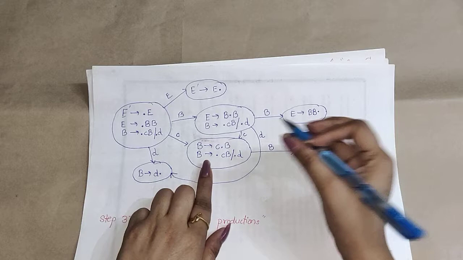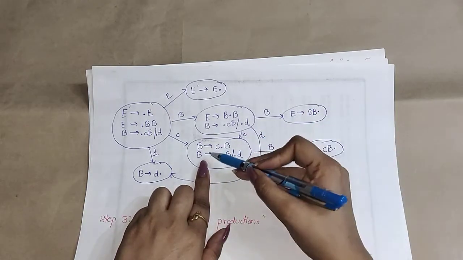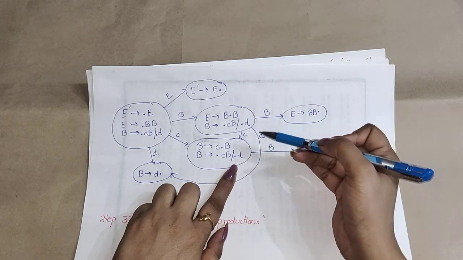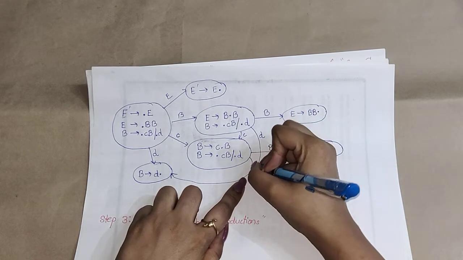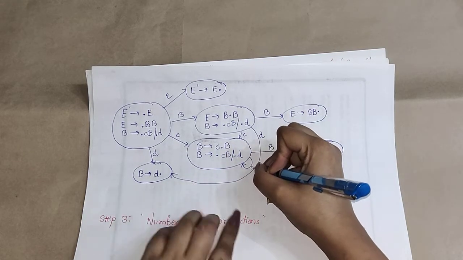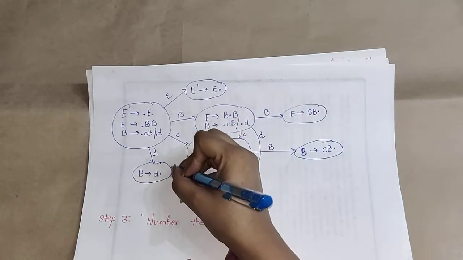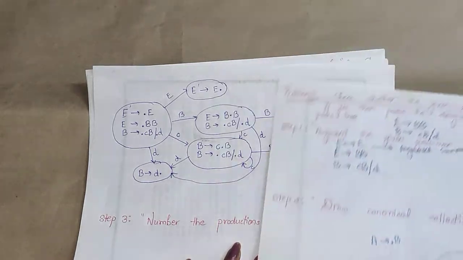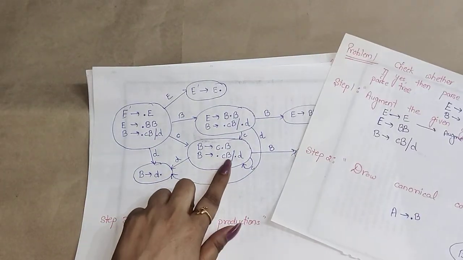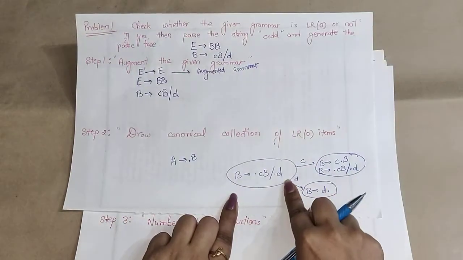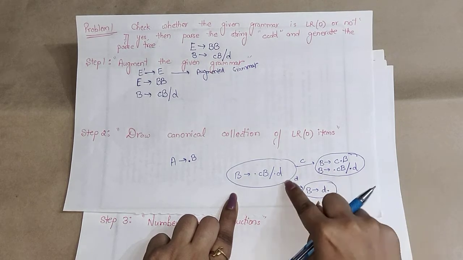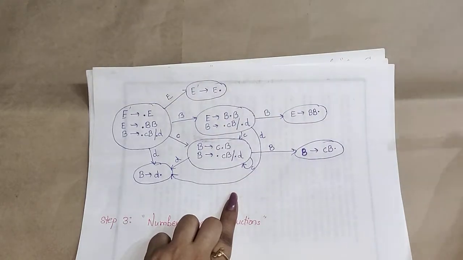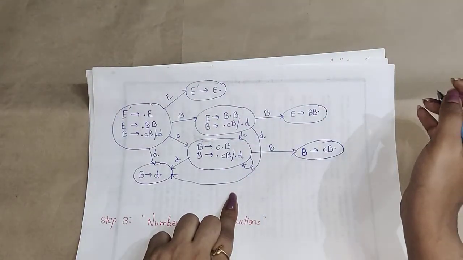Now B on dot CB dot D, again the same. So on C there will be a self loop and on D this state will move to this state. See, we have the same situation, B2 dot CB dot D. On C it is giving this state and on D it is giving this state, and these two states are already present in our diagram.